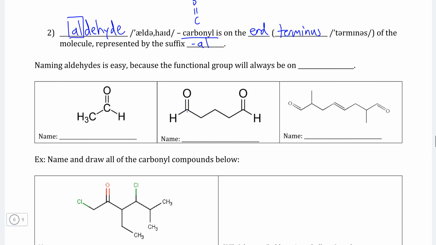So for example, if we take a look at this aldehyde here, which has 2 carbons, so the parent chain would be named eth, and because there's only a single bond here, we can call this ethane. And the good thing about aldehydes is that we don't actually need to specify a number for the location at all, because an aldehyde, by definition, will always fall on an end carbon, meaning that they always fall on carbon 1 or on the final carbon of the molecule.